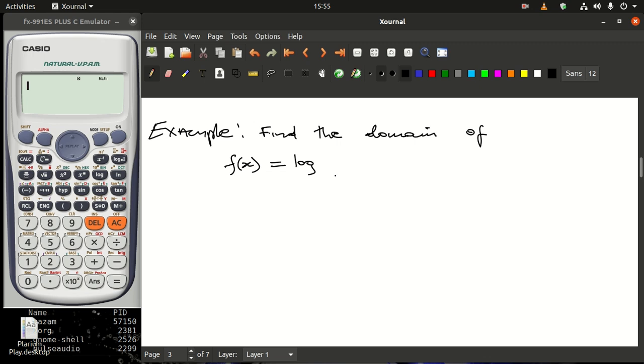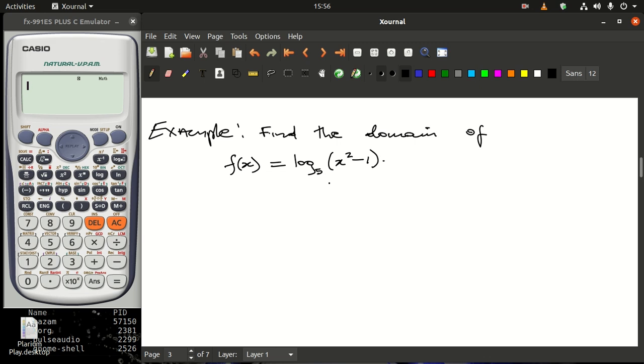I think we have actually neglected log functions, and here I'm just going to put the base, I just want to use a 5, and then I have an x there. Can we find the domain of this? No, this is way too basic for us. I want us to have, let's say, x squared minus 1. That's it. How do we find the domain of this nice thing here?